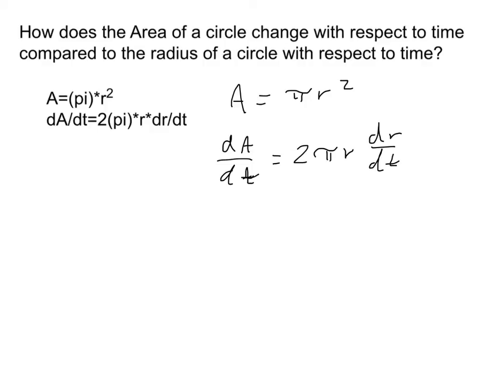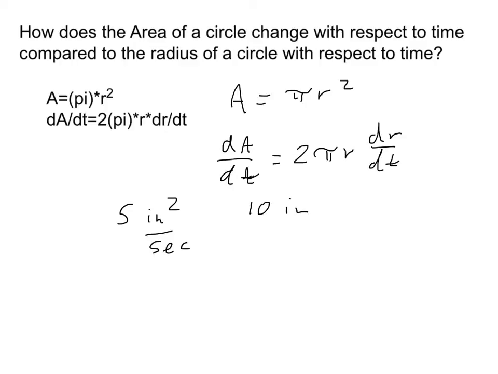So that's how we would set up an equation that would help us find out, for example, if we know that the area of a circle is changing at 5 inches squared per second, and we wanted to know how fast the radius is changing when you hit a radius of 10 inches.